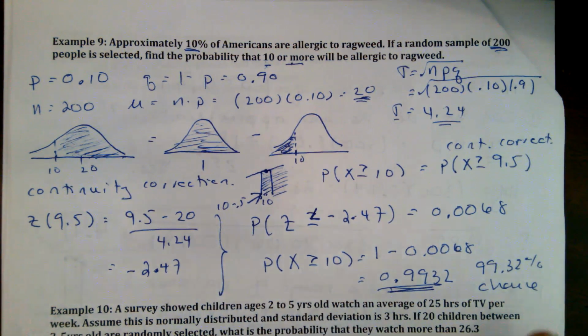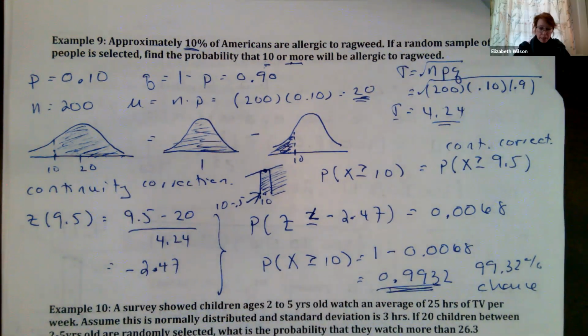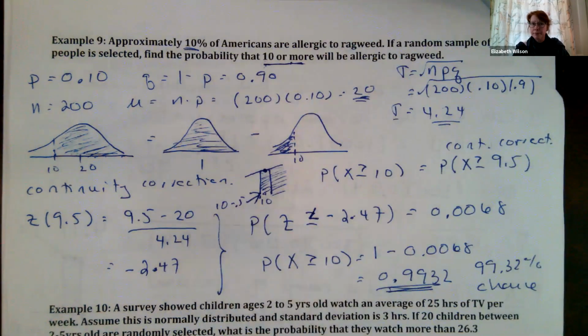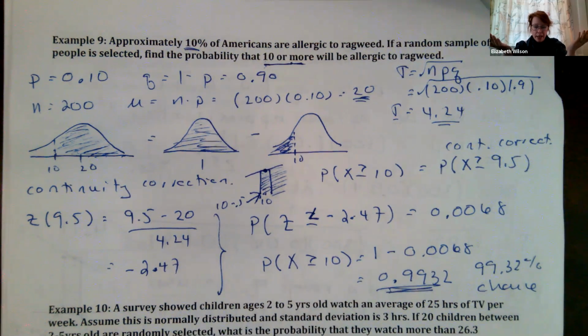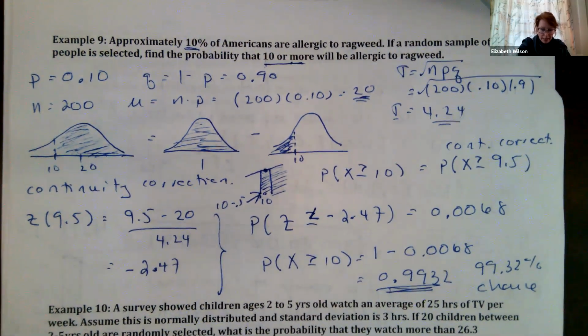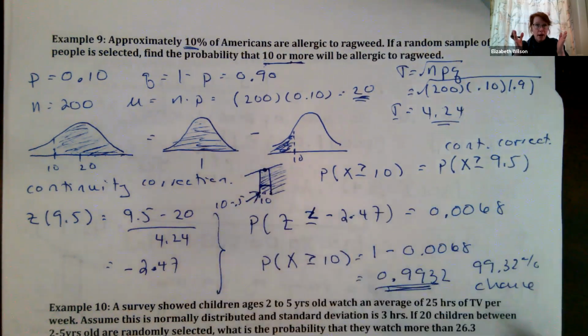Why did we only do one continuity correction for this problem? We only needed to do one because the nature of the problem says 10 or more. If it said exactly 10, then I'd need to find the bounds from here and a bound from there and get the value just in that box.